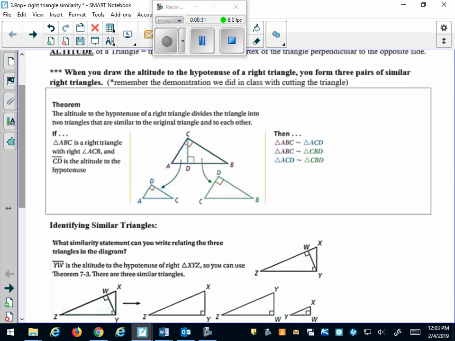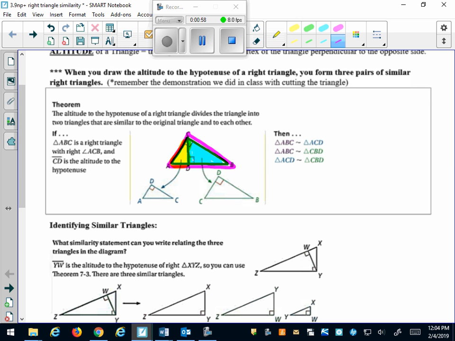You have this original triangle, which is a right triangle. If you drop down an altitude, you've created 3 triangles that are all similar right triangles. You've got this one on the left, you've got this one on the right, and then you've got the entire original. Those 3 triangles are similar to each other.